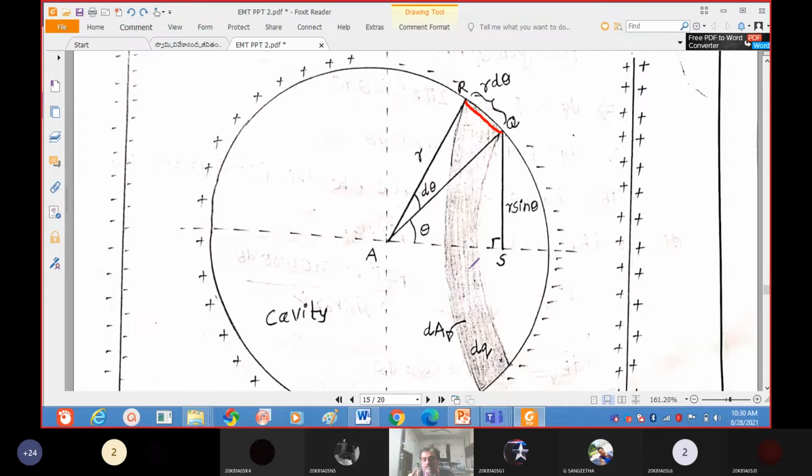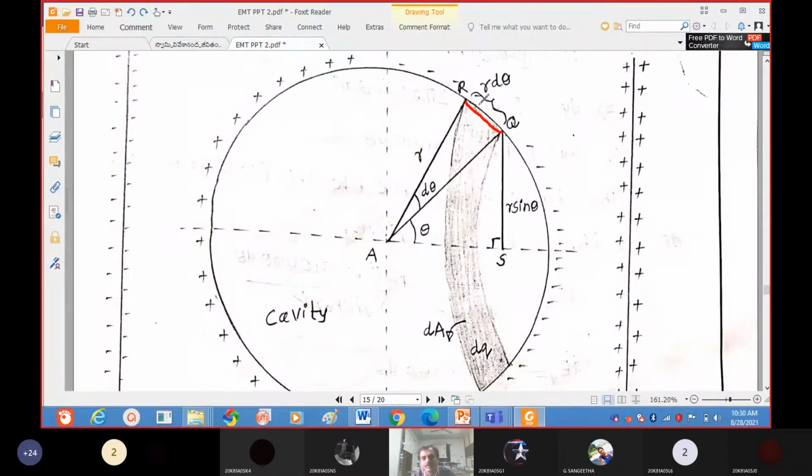That is the area we have to consider, due to that small area dA. How do we consider it? That area will be in the shape of a ring. Let us assume the football. In that football, we are considering the small area with equal radius, so the shape will be like this.